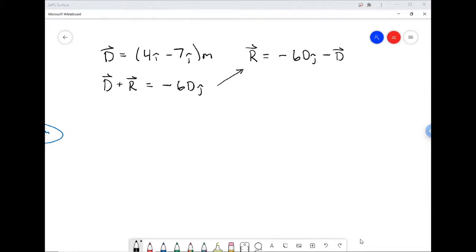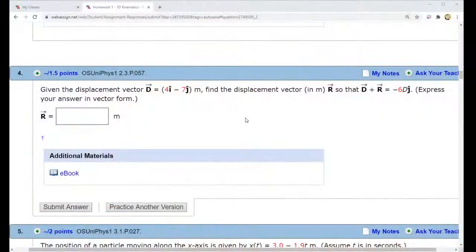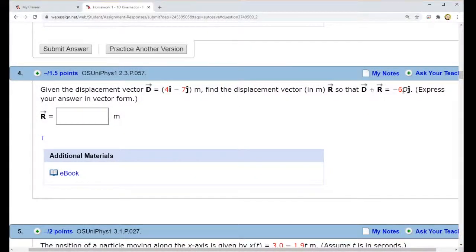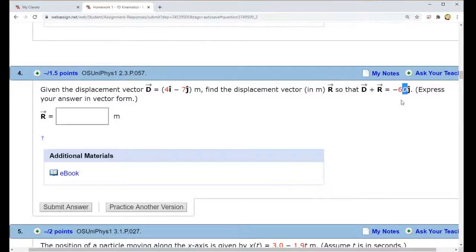All right, so my question for you here is, when you look at this problem, this d and this r are vectors. You can tell because they're bold and they have the arrow above them. What the heck is this d? It's something different. What do you think that is?